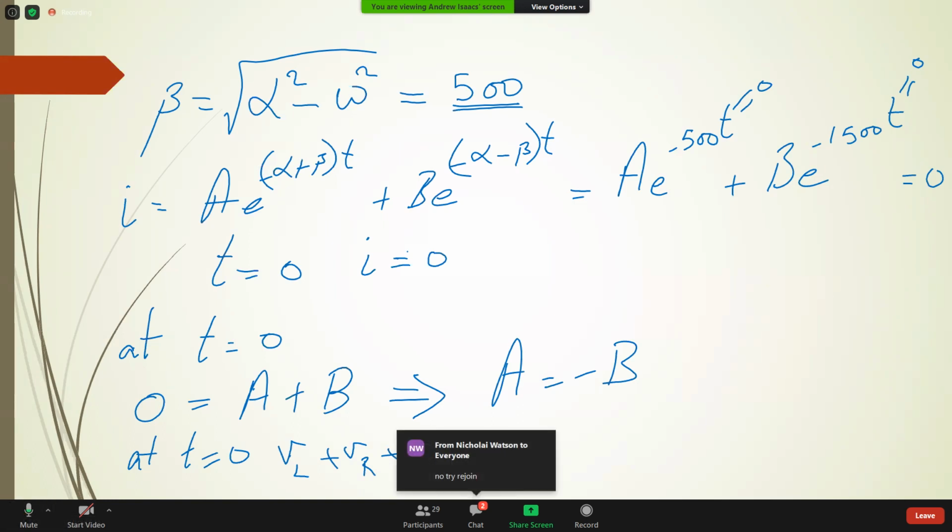What is it equal to? What is the source? It can't be 0 because you have a supply. So it's equal to 20. Yes?